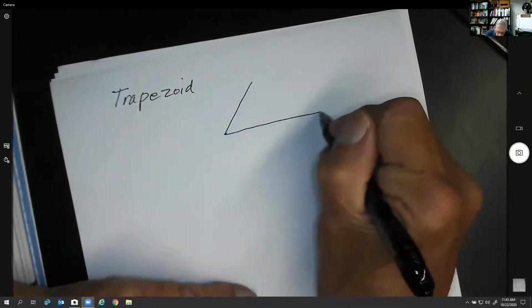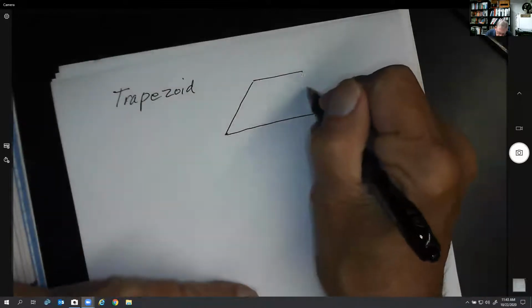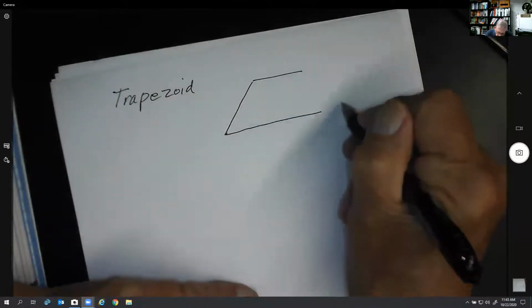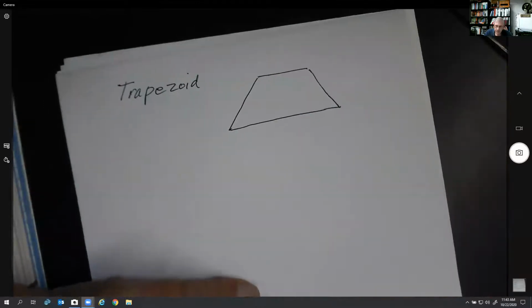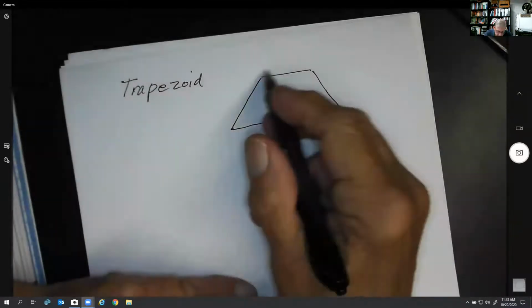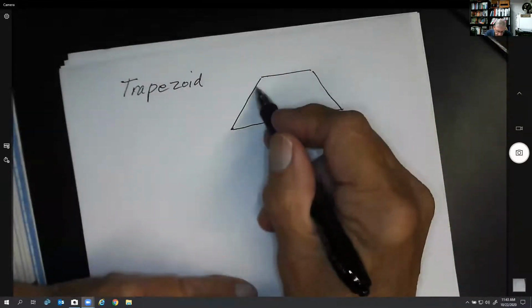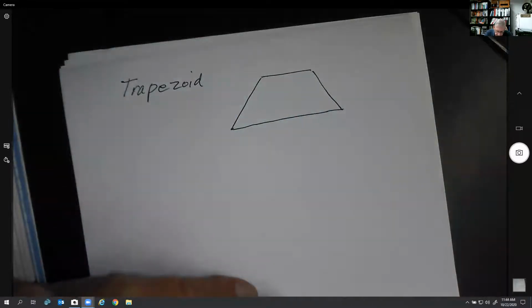It's sort of like a parallelogram. These are parallel, but then usually this side could come straight down or it could be on a slant. If we want to find the perimeter, we would just add up all the outside sides.